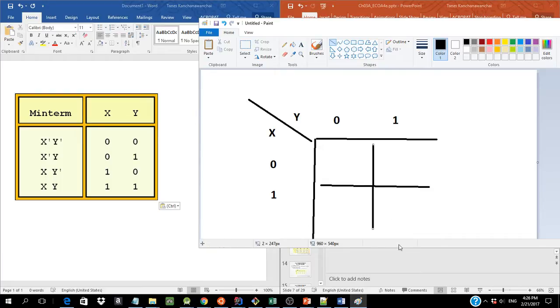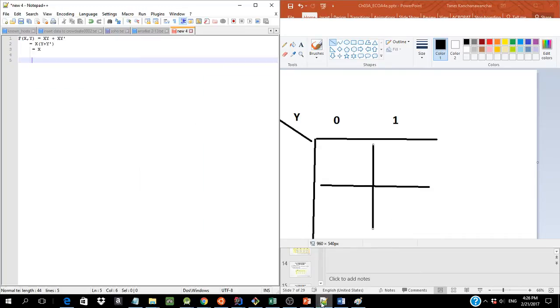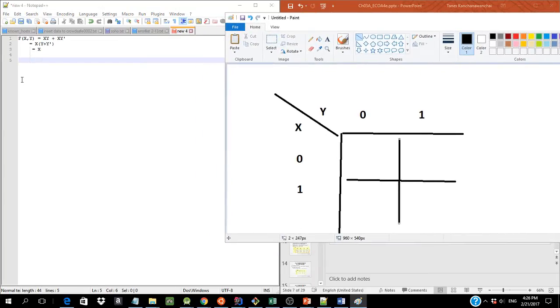Now, let's come back to our notepad. So what is our minterm here? xy. Where's xy? When x is 1, y is 1, because it's not prime. So when x is 1, y is 1, where do we go? Right here. Then we enter 1 in there.